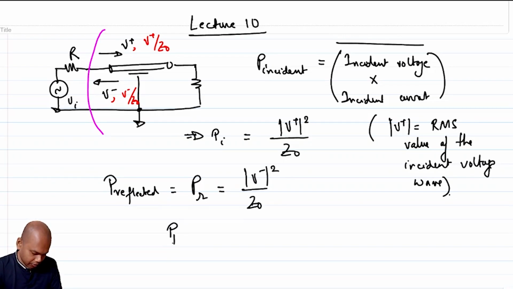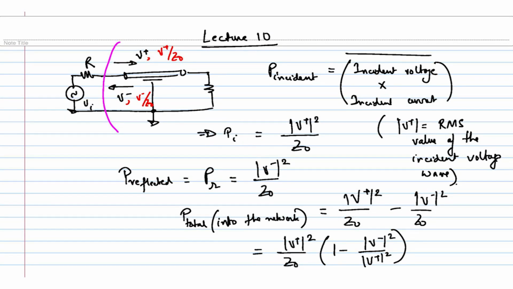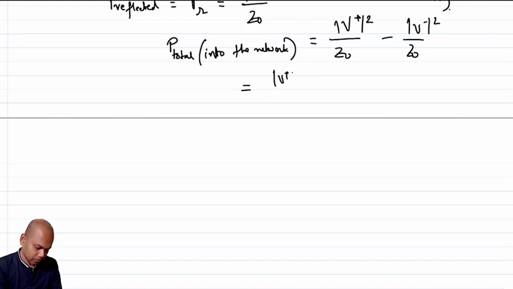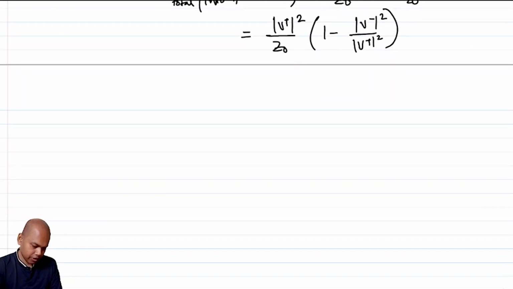P total, that is into the network, is nothing but mod of V plus squared by Z naught minus mod of V minus squared by Z naught, which I can also write as V plus squared by Z naught times 1 minus mod of V minus squared by V plus squared.